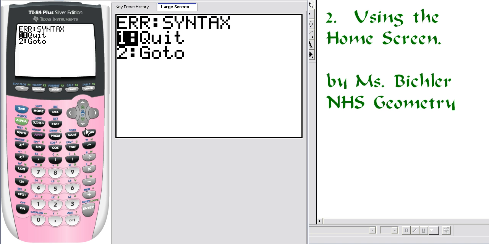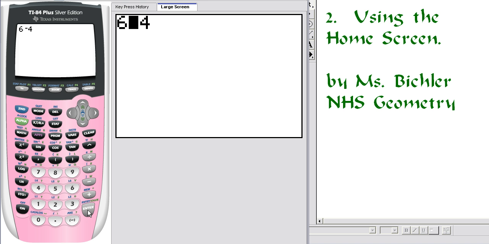If you hit the go to by either arrowing down to it and hitting enter or hitting 2, it will flash on where it's having a problem with the syntax. Here, you're saying 6, nothing, no operator, then -1 times 4. It doesn't know what you're talking about. You have to use the minus if you mean subtract.